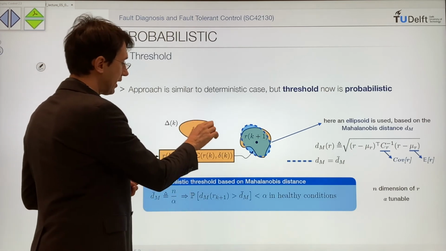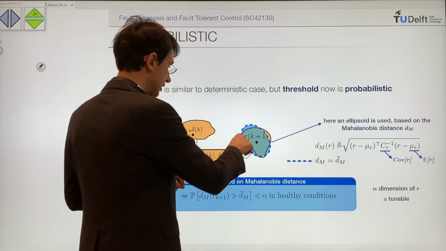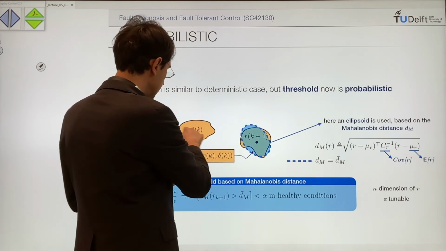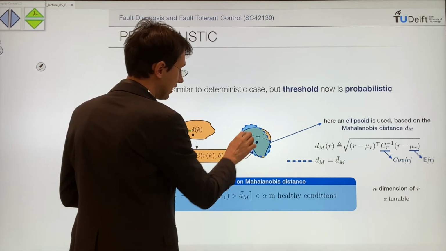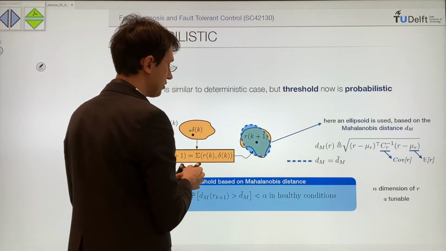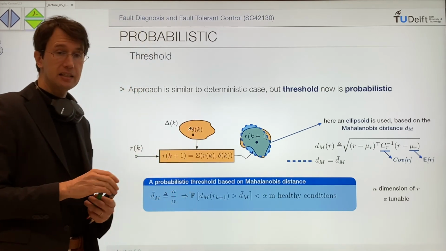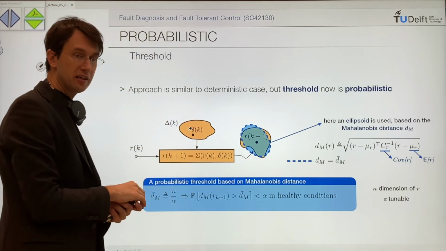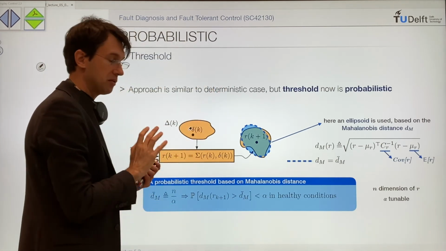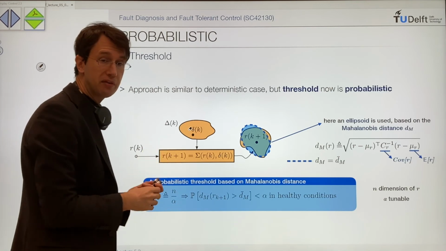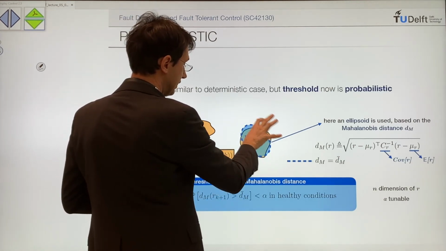So we can express the set of all the possible delta again as this capital delta here. And when it goes through this mapping, you get another set here for all the possible residuals at time k plus 1. If this is a random variable, this set here is possibly unbounded. But we said our function f is nice, everything is nice, so in the end we get some set here on the right side.